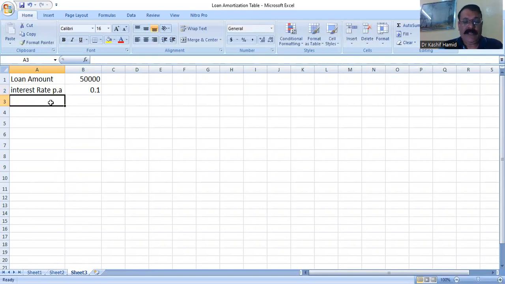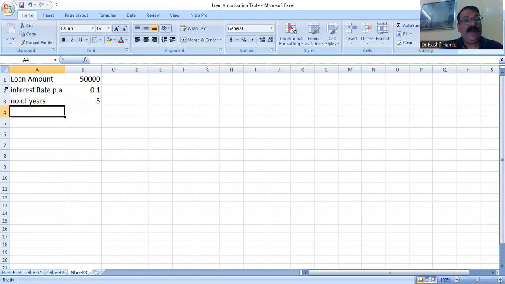And the loan is to be repaid in 5 equal installments, so the number of years is 5, in which we will have to pay this loan.